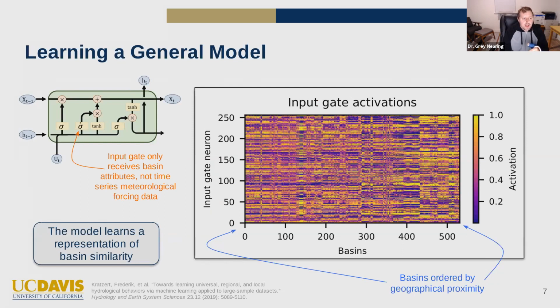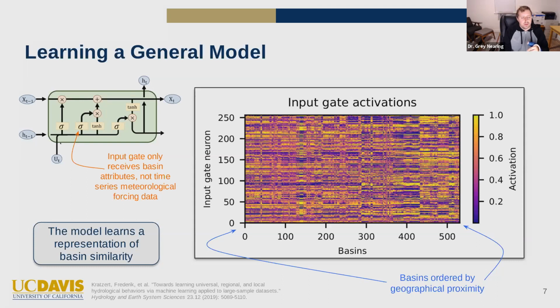We took the input gate of the LSTM and we froze it. So the LSTM works just as normal, except the input gate only takes the static catchment attributes as inputs. It doesn't take any of the dynamic data. What this does is it sort of freezes the input channel to the states. The forget gate only attenuates information.